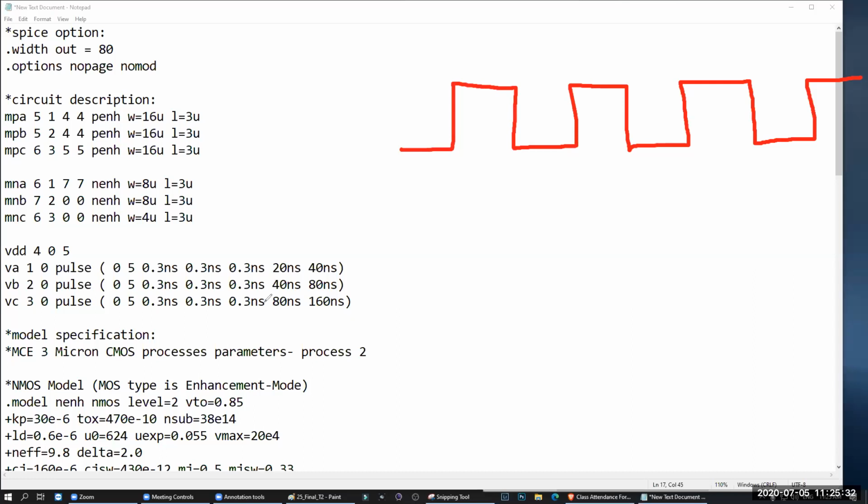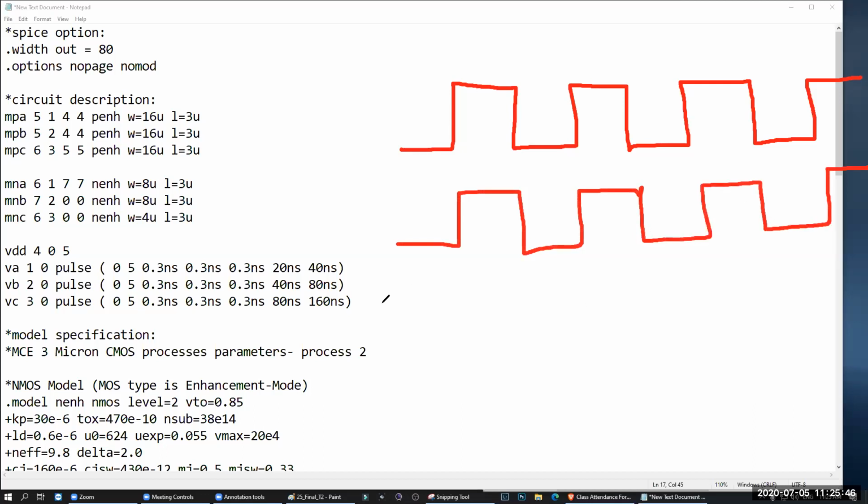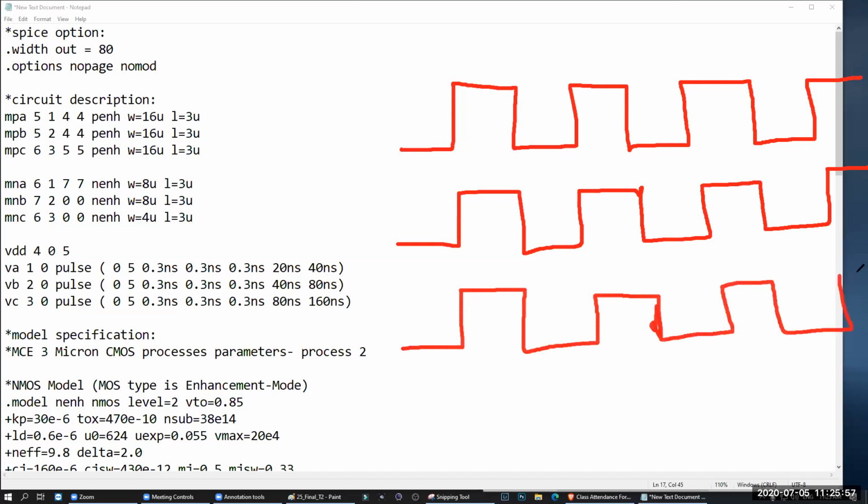If all of them are equal, 20, 40, 20, 40, 20, 40, this will be the case. Understand?